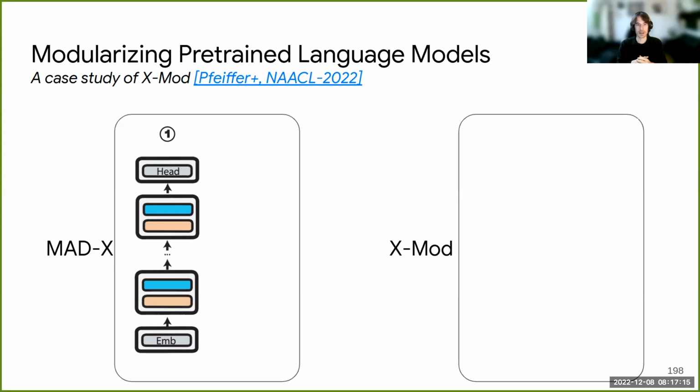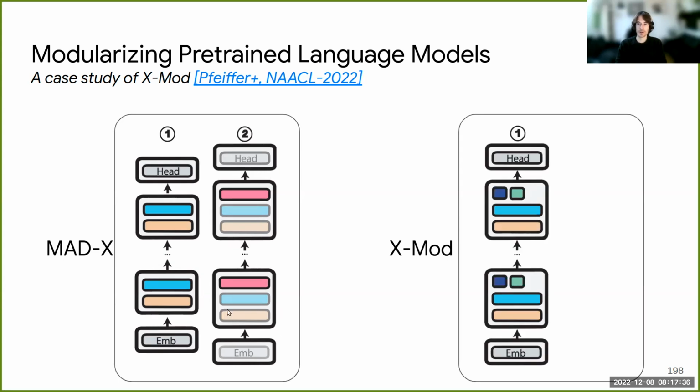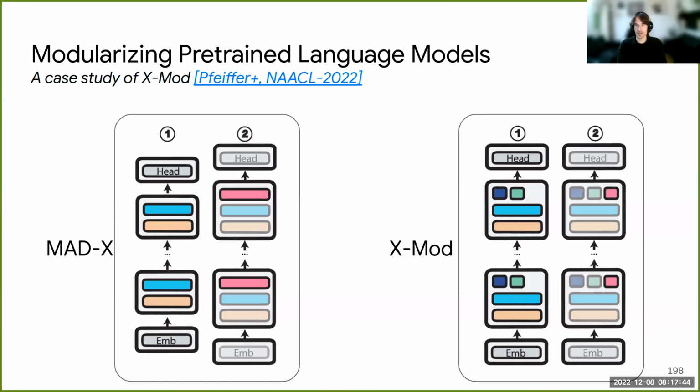And this is exactly what the X-MOD model is doing. It can be seen as MAD-X at pre-training. So as we discussed, MAD-X is, okay, pre-train first a massively multilingual model, and then insert dedicated language-specific modules in the pre-trained model. What X-MOD is doing, okay, we're going to reserve these small blue and green boxes, these modules per each language, already at the start.